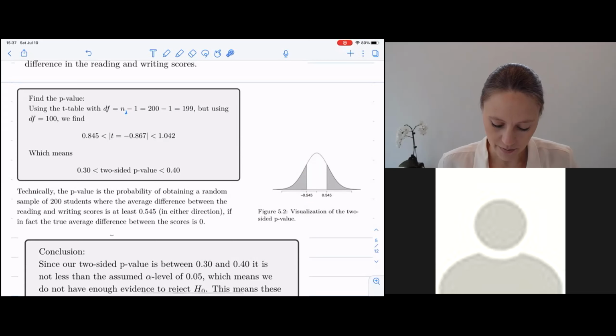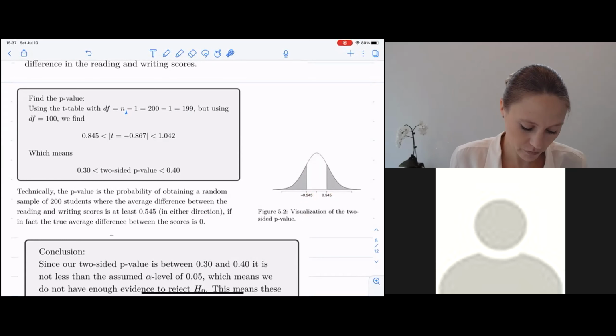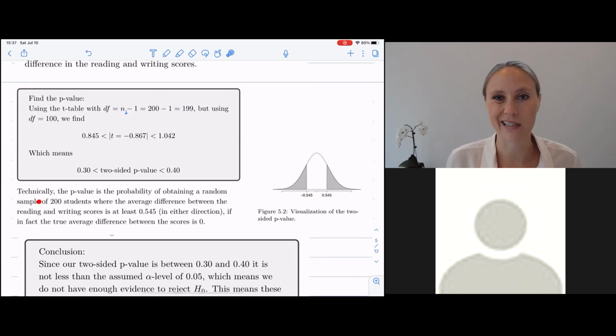Here we found a negative difference, but for a two-sided p-value, you also pretend that it's happening in the upper end. Here I've got a little kind of downer point. Technically, it's good to see it and introduce it, but technically the p-value is the probability of obtaining a random sample of 200 students where the average difference between the reading and the writing scores is at least 0.545 in either direction.